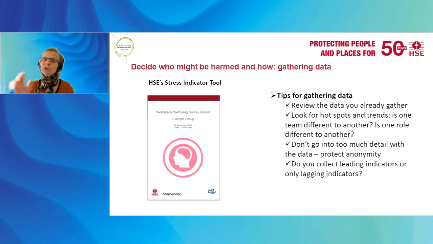It might be also that you can cut your data in different ways. So certainly with the stress indicator tool, you can have a look at frontline staff compared to first line managers, compared to middle managers, compared to senior managers. So make sure your data sources collect data from right across the organisation, because anybody in the organisation can be affected by stress.